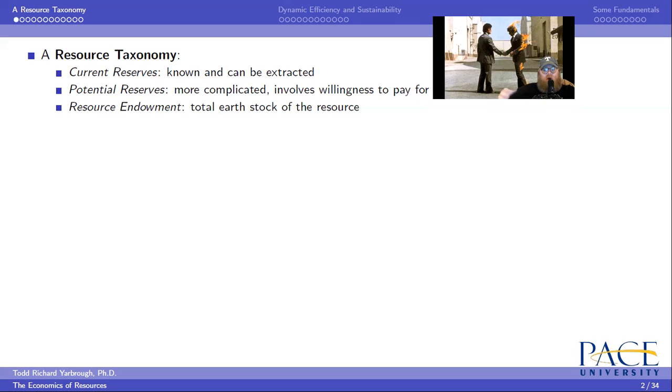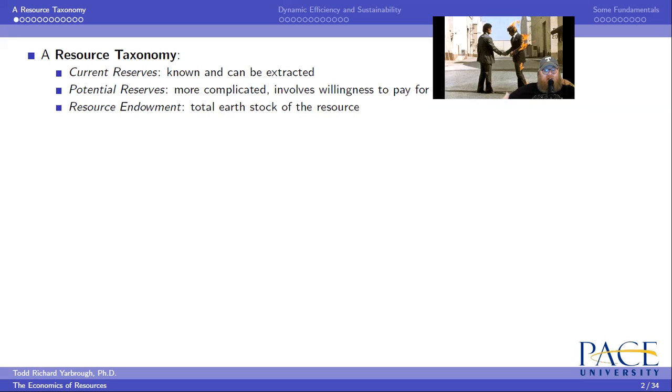Potential reserves is a broader category. It also includes those reserves that we may or may not know about, but which, at this point, given current technology and or current economic conditions, cannot be extracted. And this is a complicated notion, because the truth is that if we take a longer time horizon into consideration, the idea of potential reserves becomes almost more like a mathematical function.